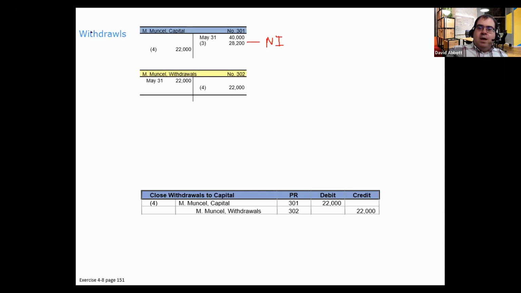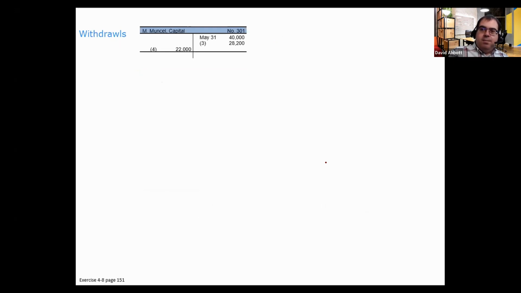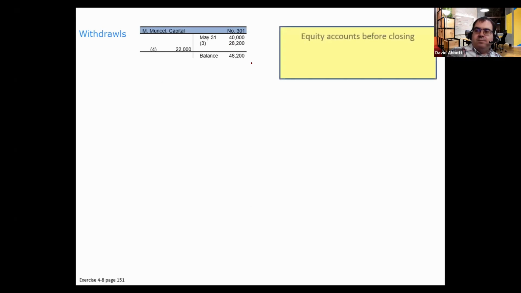Okay. So this amount right here is the withdrawals. So again, it's going to reduce how much she had. So then that closes out the withdrawals account. And then that's going to give her new capital. So this and this, subtract this, gets us 46,200.